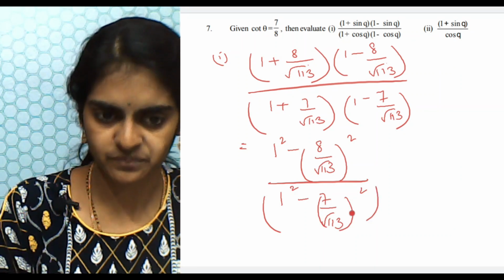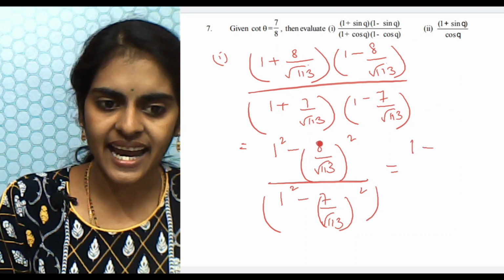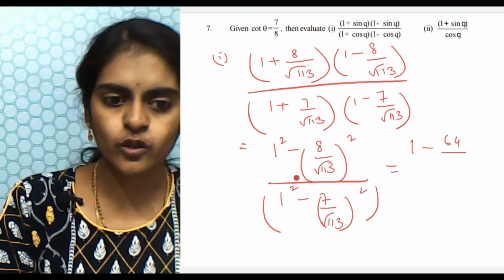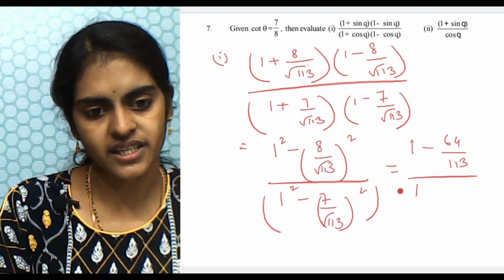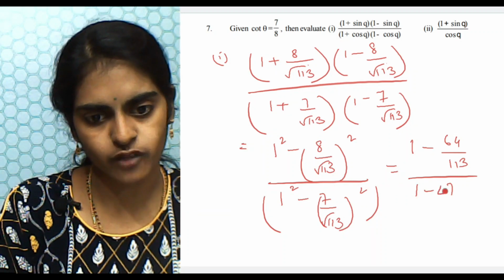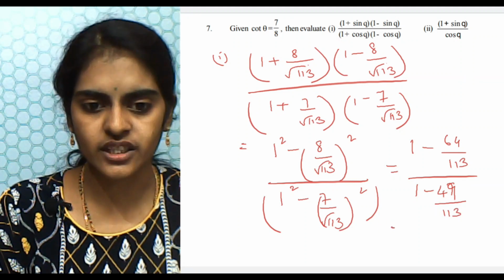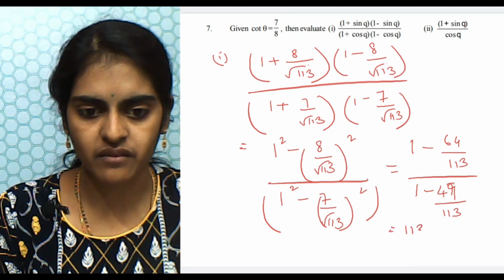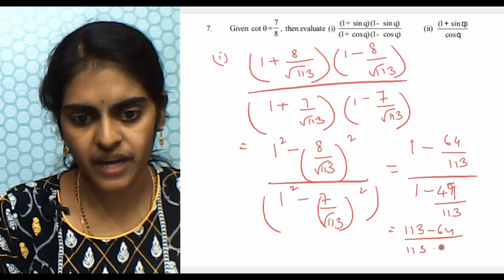So this is nothing but 1 square minus 8 square, which is 64, over root 113 square, which is 113, divided by 1 square minus 7 square, which is 49, over 113. Clear? Taking LCM, you have 113 minus 64 divided by 113 minus 49.